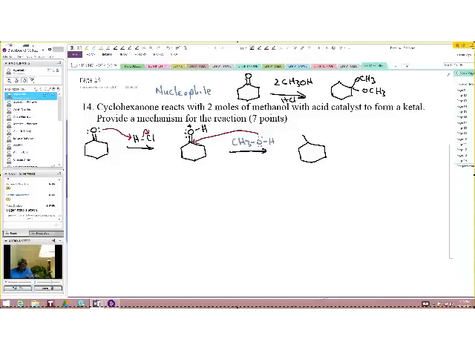So we have this here, this here, this here. This oxygen is now attached to hydrogen here, and this is also now positively charged. Only one pair of electrons is left.